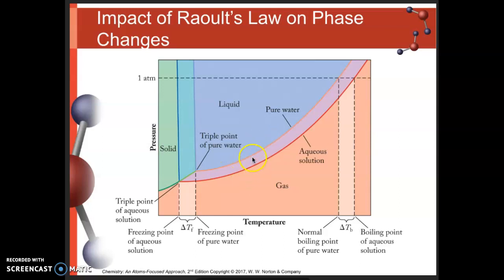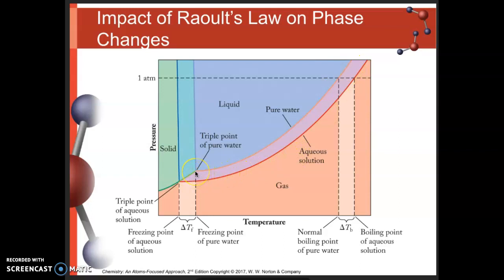And if you look at a phase diagram for a solution, you can see here the slightly lighter colors correspond to what happens for pure water. Here is the solid liquid equilibrium line for pure water. Here is the liquid gas equilibrium line for water.